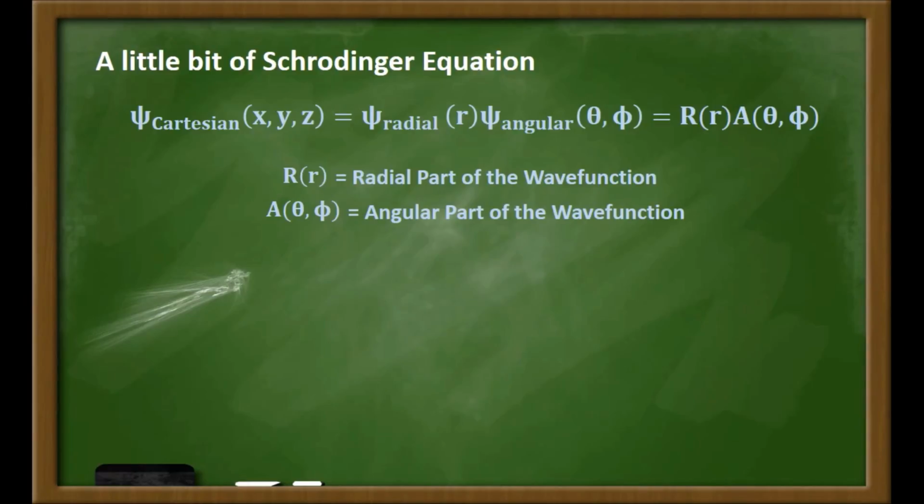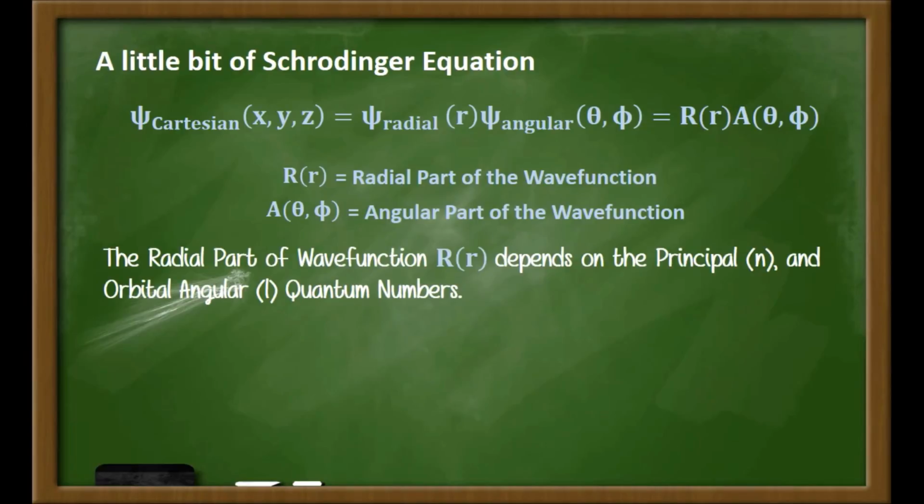It will be really important for us to understand where the other three quantum numbers come from. The radial part of the wave function depends only on the principal quantum number n that you have derived before from Bohr's atomic model. We didn't need the Schrodinger equation for that. And also on the orbital angular quantum number L, the second quantum number.